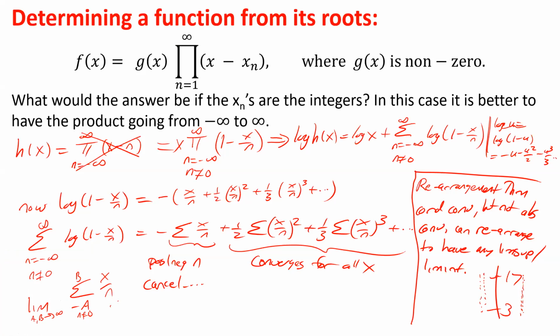But if b equals twice a, you have trouble. Or if b equals a squared, or a to the a, or something like that. So unfortunately, we can't just write down this product.